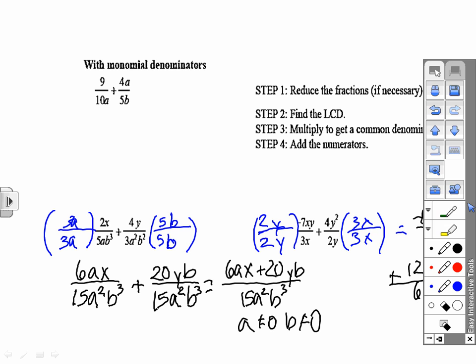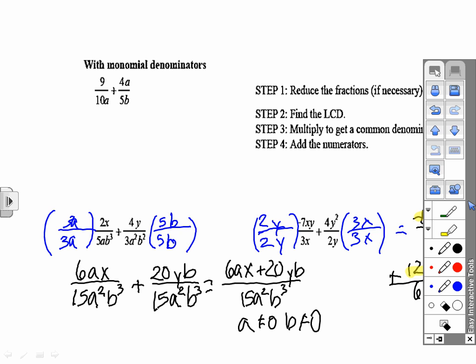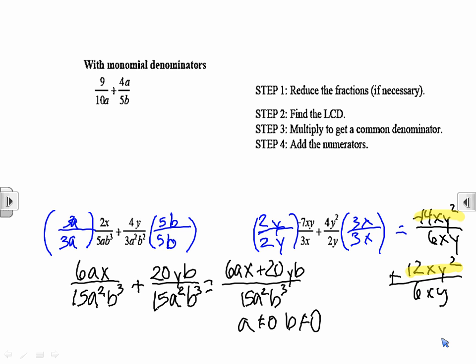And notice now I do have like terms in my numerator. So if I combine those, I would get negative 2xy squared over 6xy.